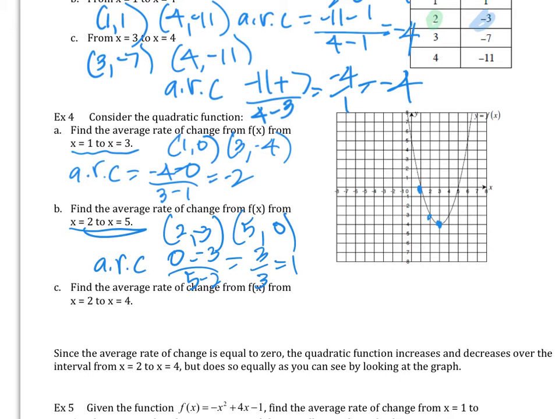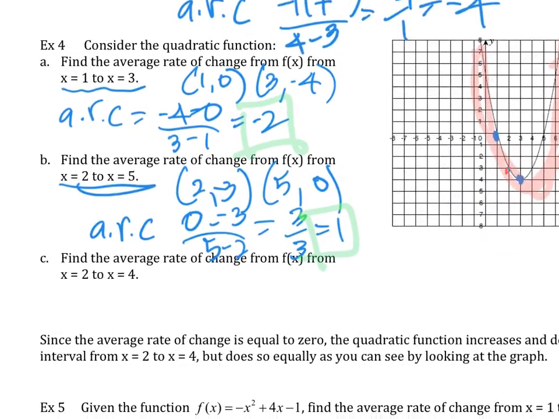So if you notice right off the bat, A and B do not have the same average rate of change. And if you look at a parabola like this one, it does not have a constant rate of change. Because of the curve, there are different rates of change.